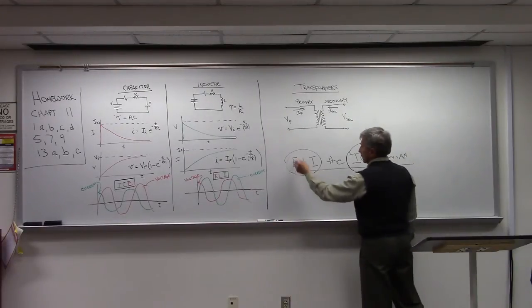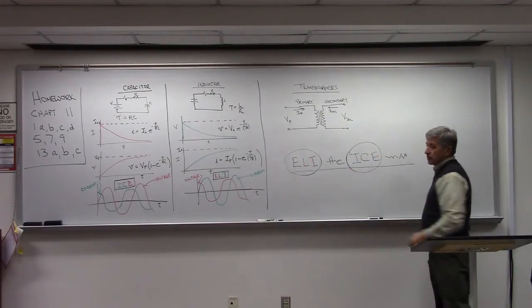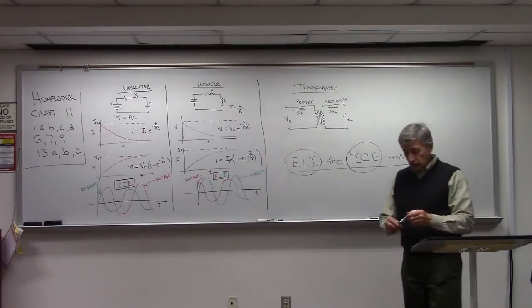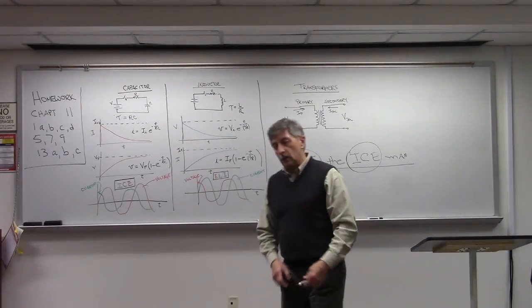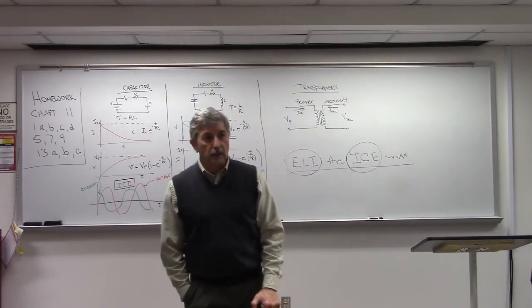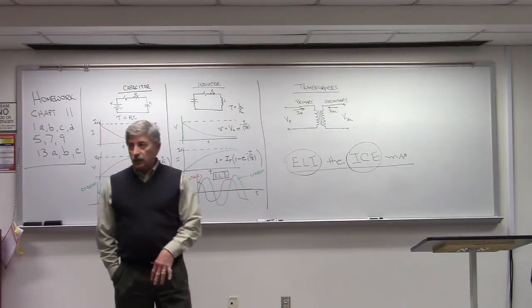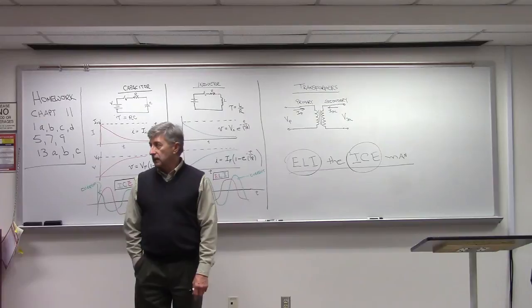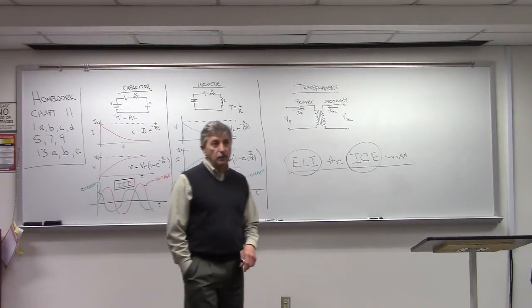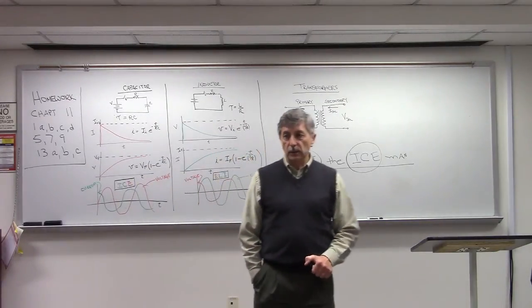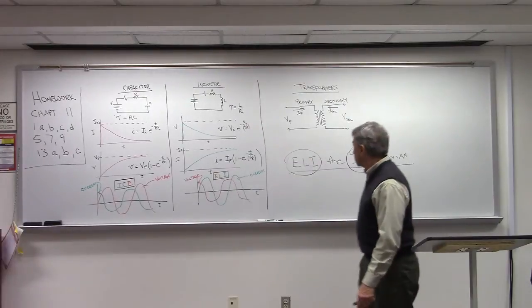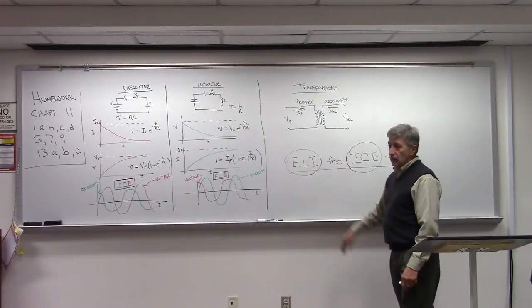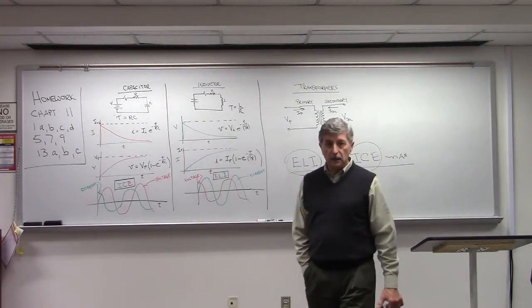Voltage leads current in an inductor, current leads voltage in a capacitor. ELI the ICEman. And of course, this is a carryover from the early 1900s when you didn't have refrigerators and the Iceman always delivered ice to your door once a week to keep your food cold. And so that's where that came from. ELI the ICEman. All right?